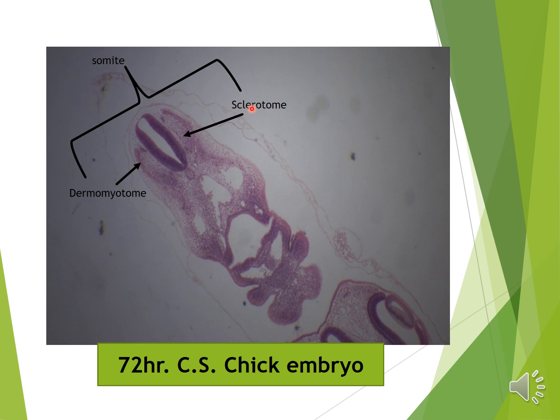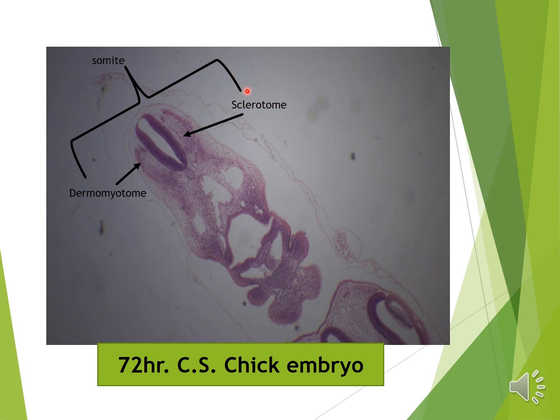This mesenchymal tissue later differentiates, forming fibroblasts, chondroblasts, and osteoblasts of the vertebral column. While the dorsal and lateral part of the somite forms the dermomyotome, a dense tissue. The dermatome forms the dermis and the subcutaneous tissue of the skin, while the myotome forms the muscles of the back.